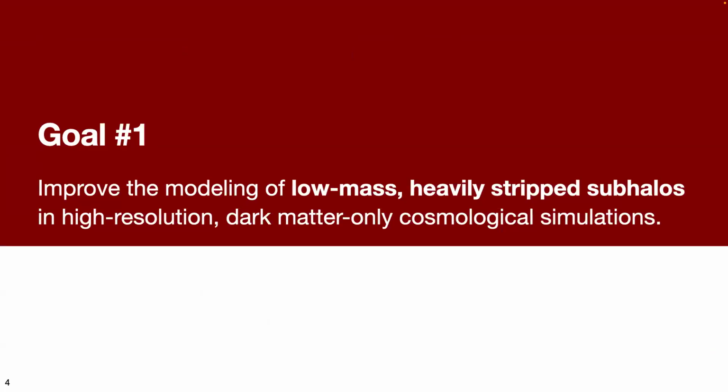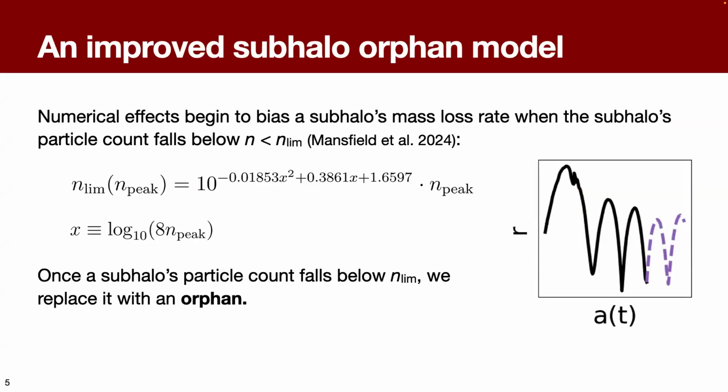Cool. So one of the main goals or motivations of this particular work was to improve on the modeling of these low mass, heavily stripped subhalos in our cosmological simulations. And we do that in two parts. The first is this improved orphan model.